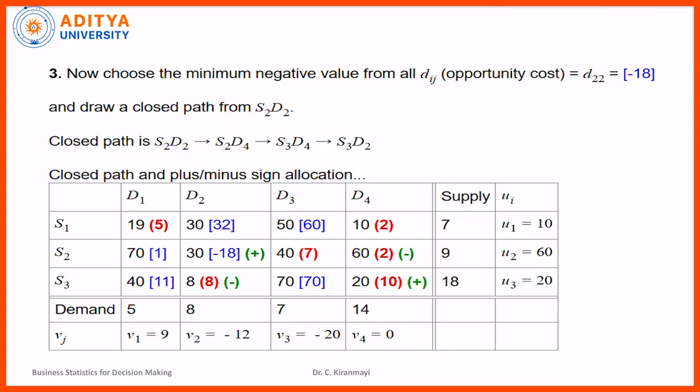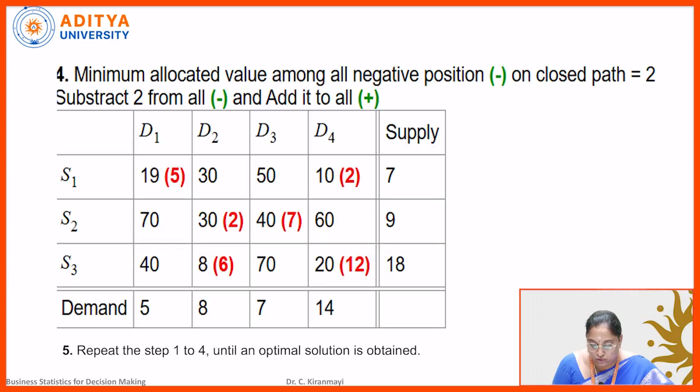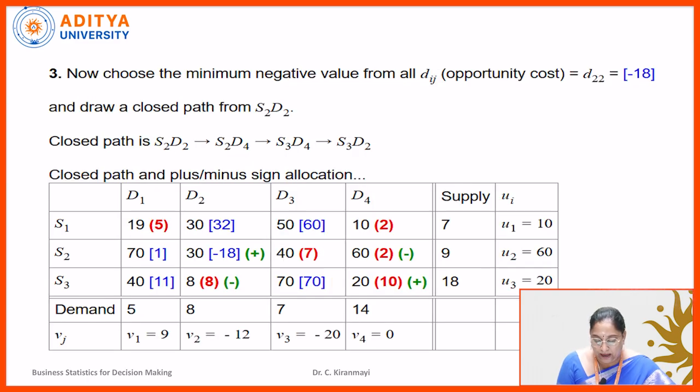So, here it is 30. 30 minus 2, since we have considered the minimum value 2. This 2 must be subtracted from the corners having a minus sign and added to the corners having a plus sign.